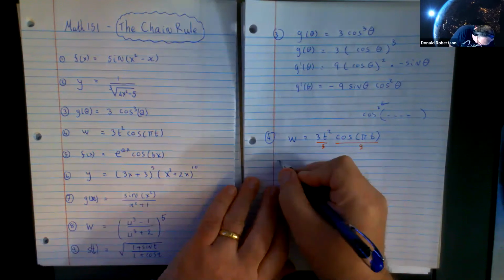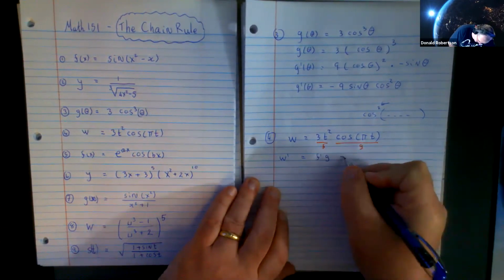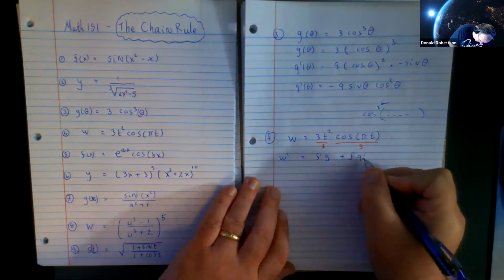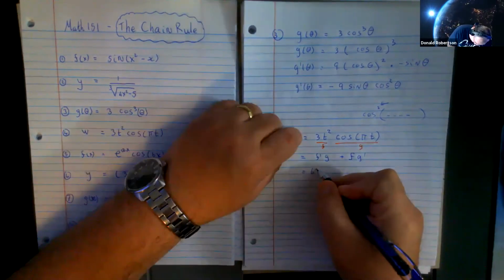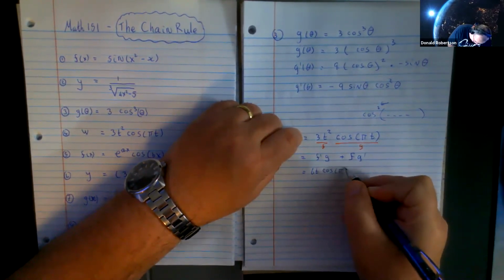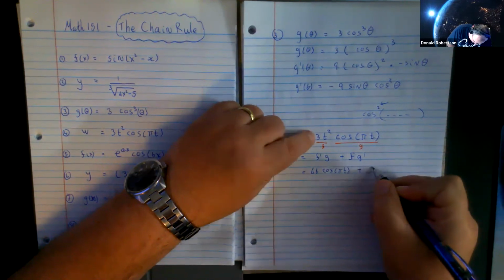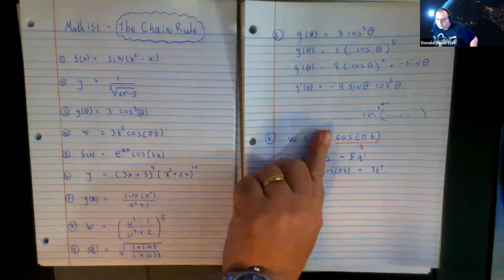That's the right thing to do. So it's going to be f dash g plus f g dashed. If you differentiate this guy, you get 6t, and you leave this guy alone, you get cosine pi t. And then you leave the f alone, which is this guy, and now you get to the cosine of pi t.